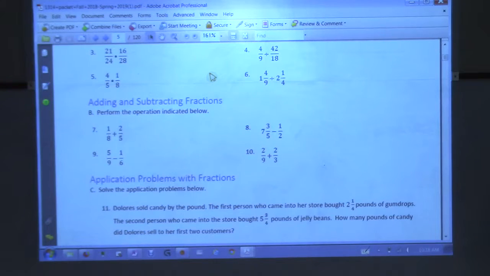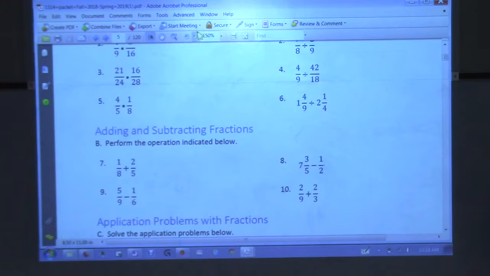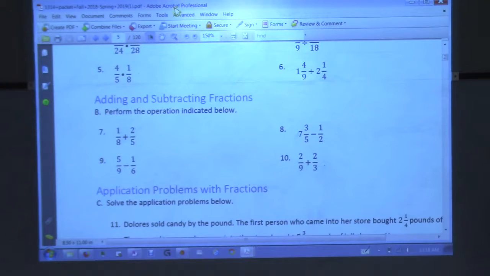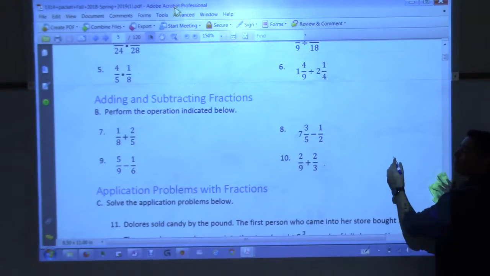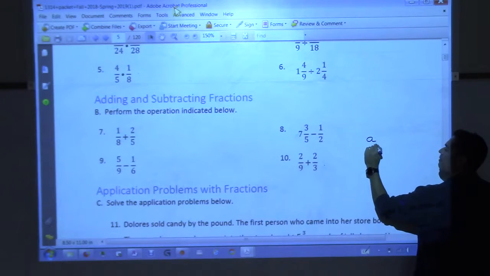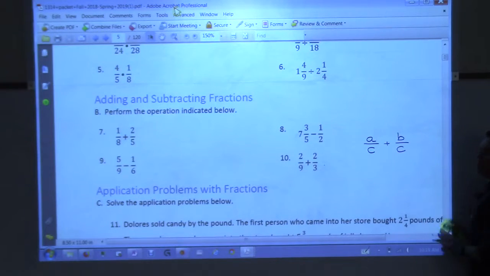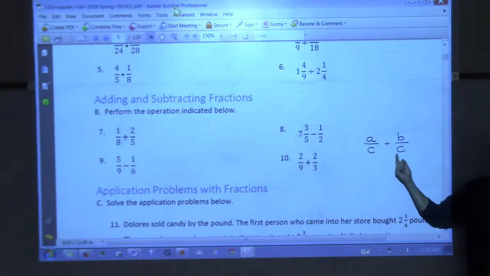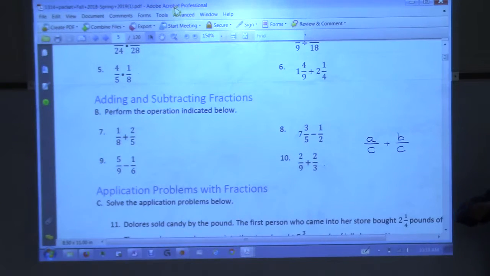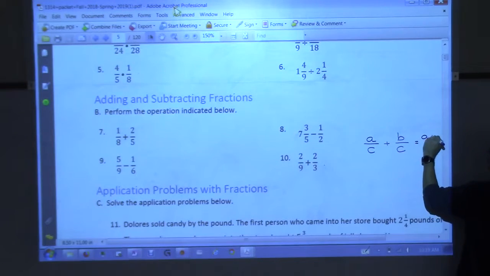So, for example, what I'm saying is this. If I have a fraction with a denominator plus another fraction with the same denominator, so if I have the same denominators in two fractions, I can add them across without doing any more work. All you have to do is add the two numerators, the tops, together, right?